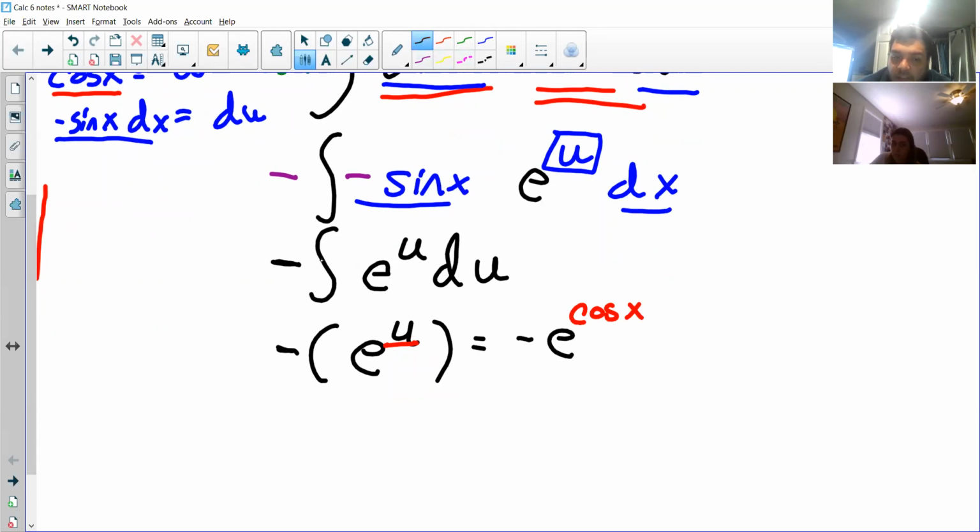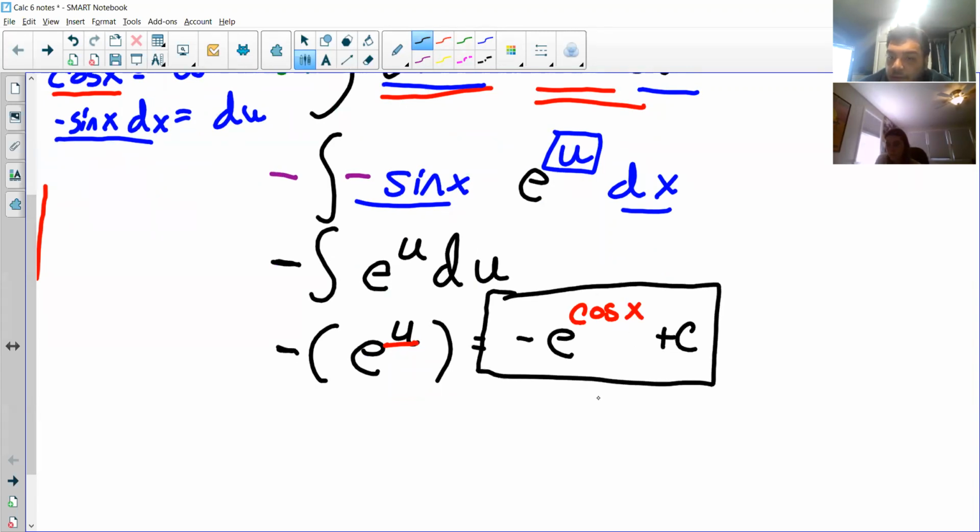And because this was an indefinite integral, as in it had no bounds, we always have to remember the plus c. At that point, we have simplified as much as possible, and we are done.